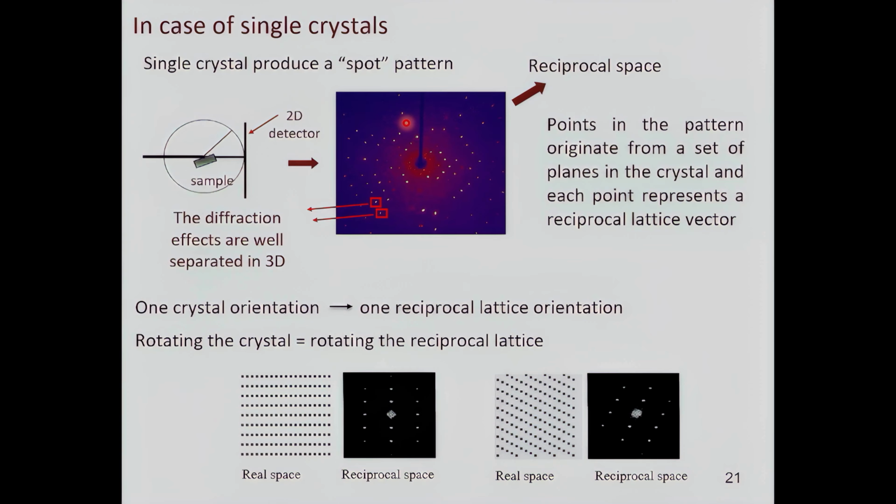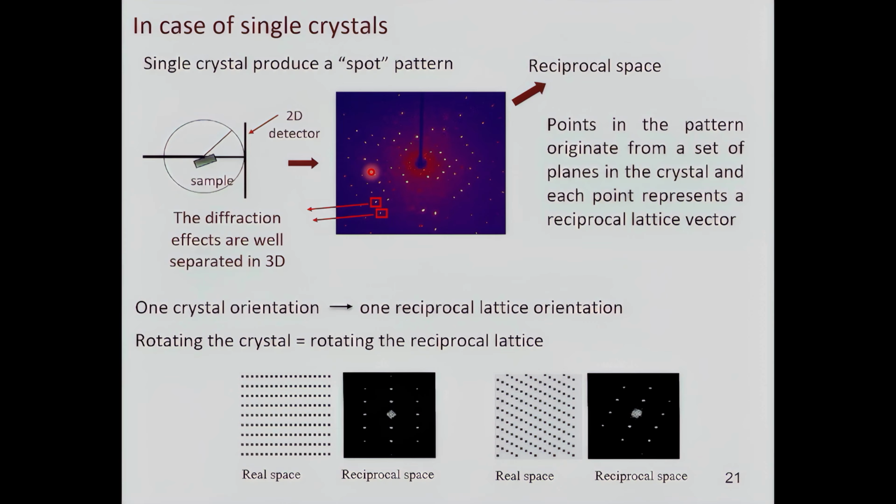Here you can see that if you have one orientation of the real space, you also have one orientation of the reciprocal space. Why is this important? Because in the case of a single crystal, you can have access to the three-dimensional space, and then you can measure exactly the intensity of each spot, which you can use to solve your structure, for example, by using direct methods.